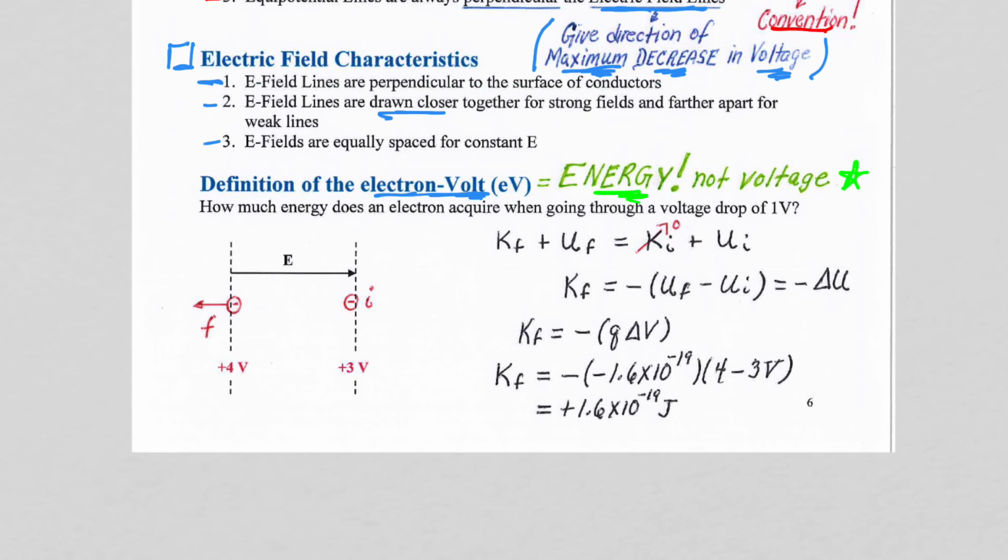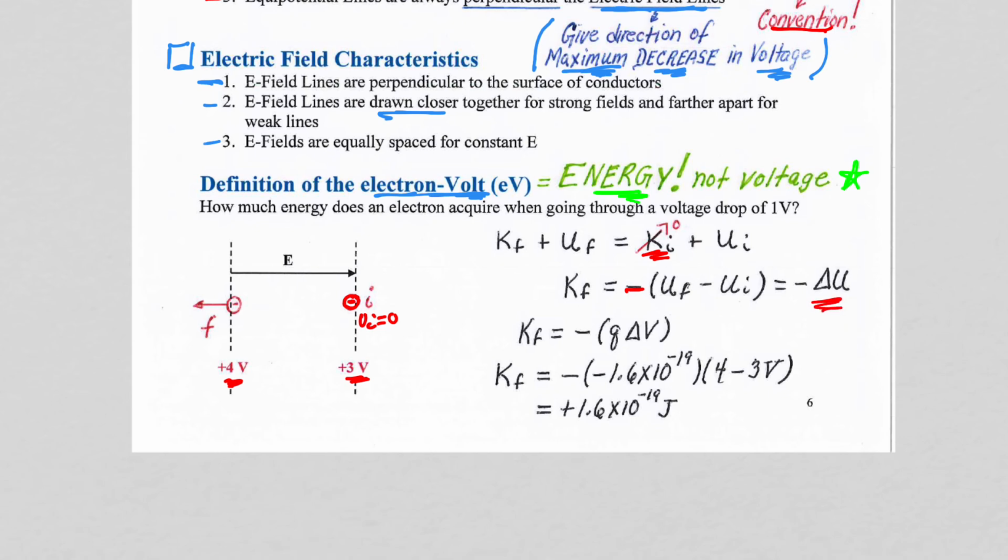in that it is the energy that a single electron acquires as it's accelerated through a 1 volt voltage difference. So remember, electrons are pulled backwards against electric fields, and for my example here, I did an initial kinetic energy equals 0, so it's released from rest. Change in kinetic energy equals negative the change in potential energy.